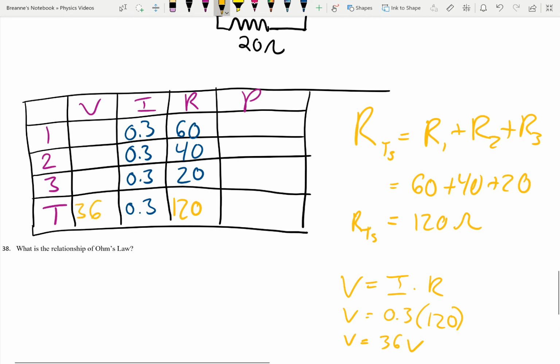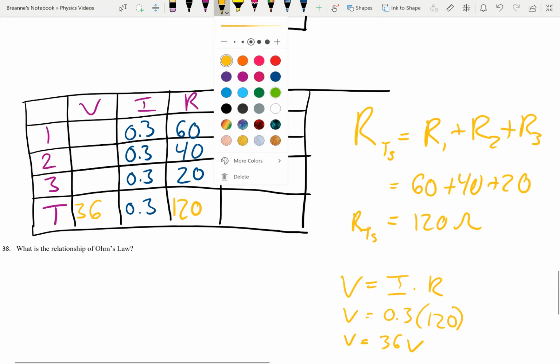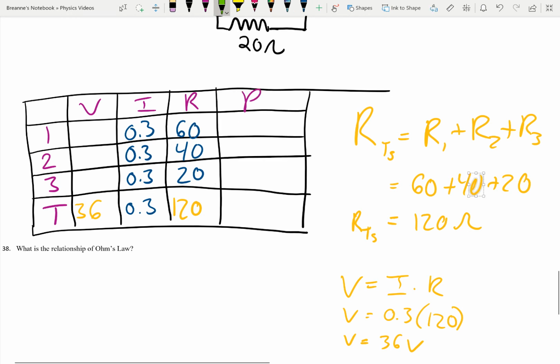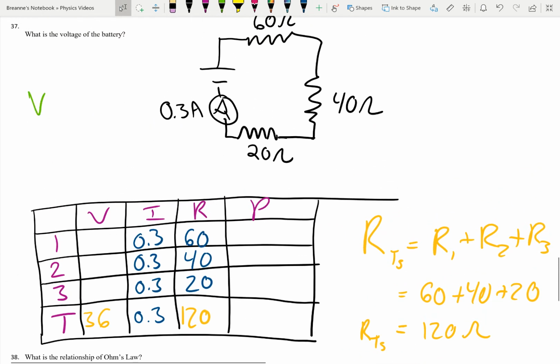Now, if you want to check to make sure you did your math right, more than welcome to. Let's get a different color to check our math. So we're going to do V equals IR for each one of these. You're going to just do 0.3 times 60 to get 18. 0.3 times 40 to get 12.